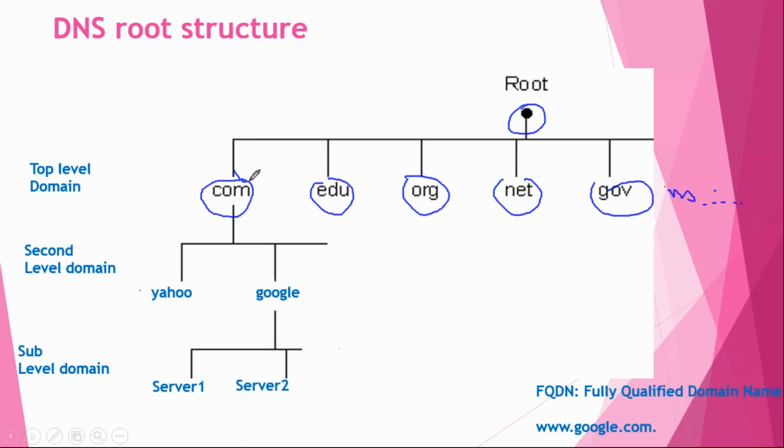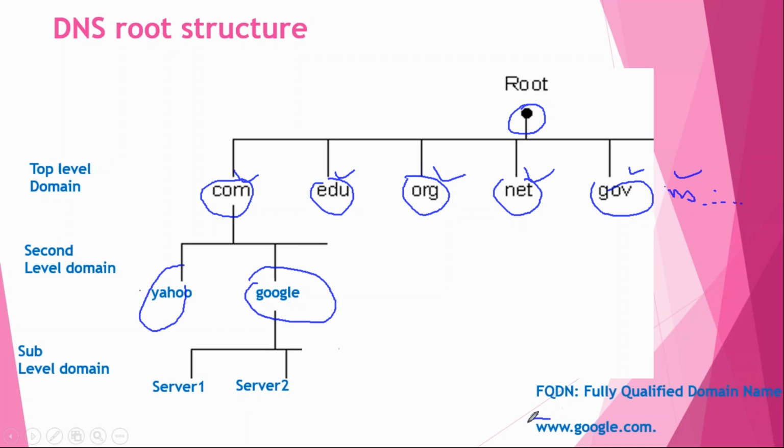Suppose you're looking for commercial, education, organization, network, government, info. What exactly is the top level domain you're looking for? For example, commercial. In commercial, Yahoo is there, Google is also available. So which website are you looking for?